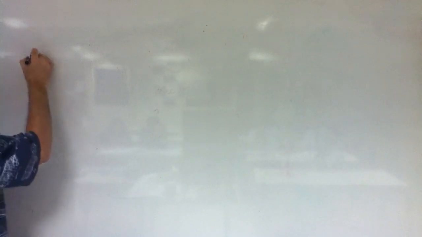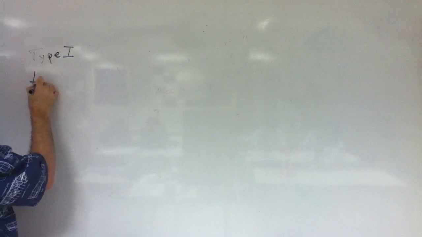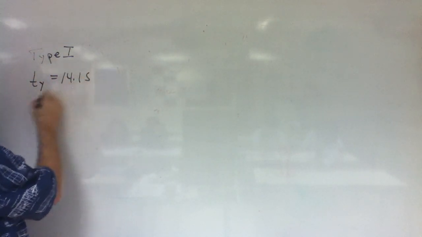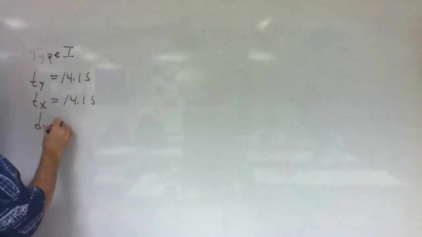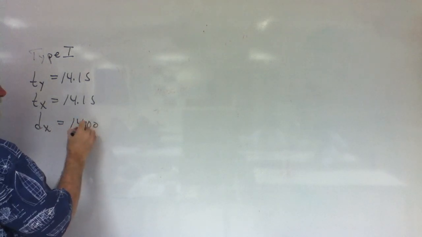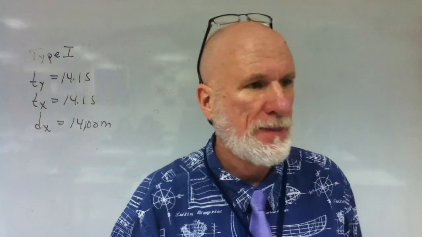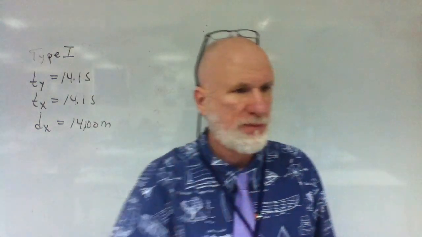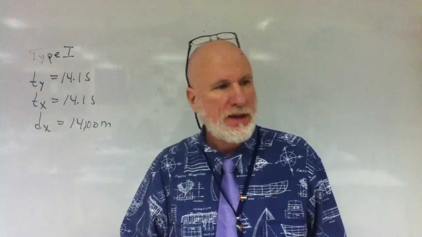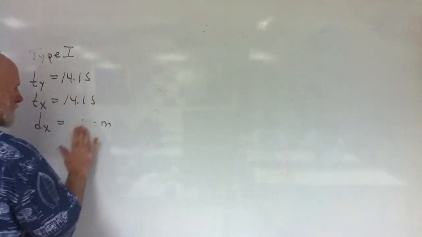So the answer to the type 1 is going to be Ty equals 14.1 seconds, Tx equals 14.1 seconds, and Dx equals 14,100 meters. Is that correct? Yes, Omar, because it's 14.14, so 14.1 is fine.